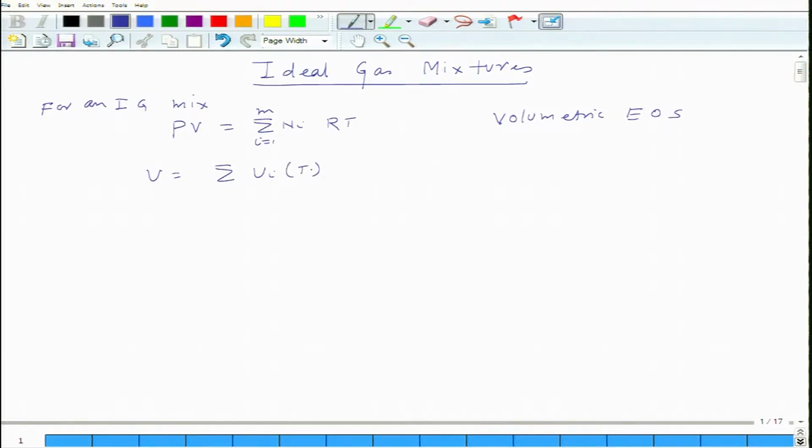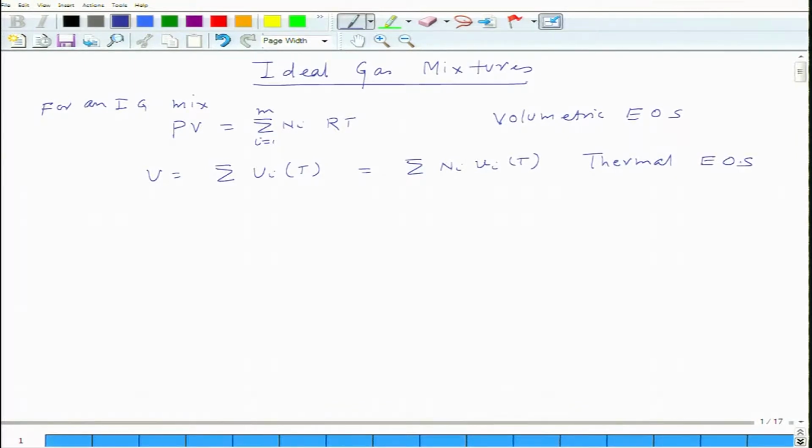We can also write this as the summation of the number of moles of each component multiplied by the molar internal energy of the component i, which is also a function of temperature. So, this is sometimes also called the thermal equation of state.